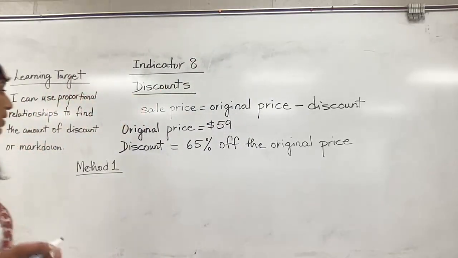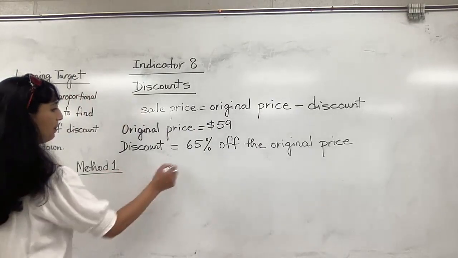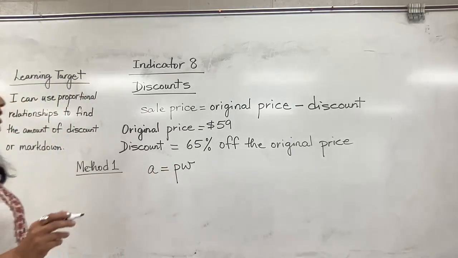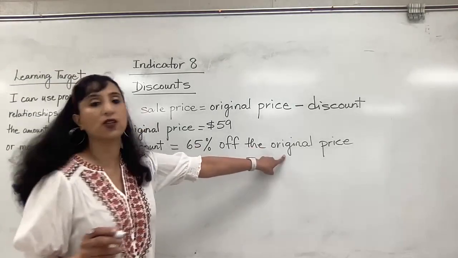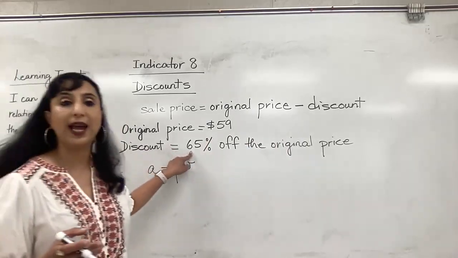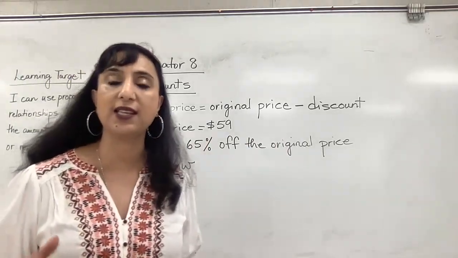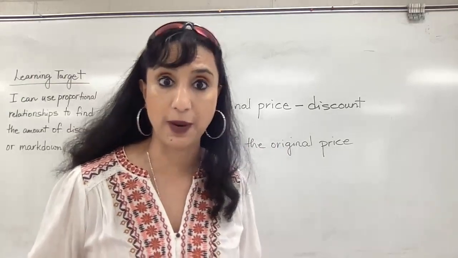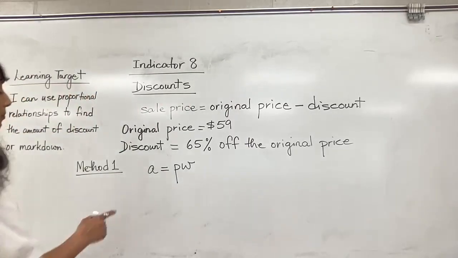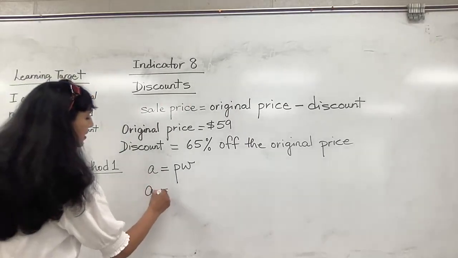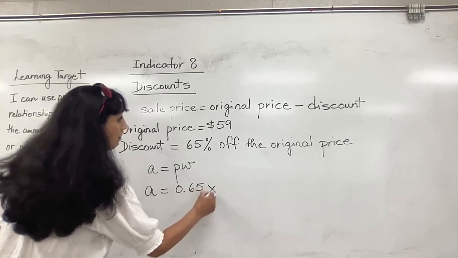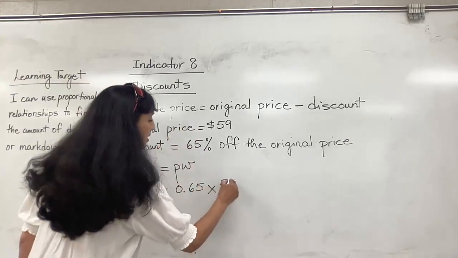I know that it's off the original, so the original is the W. And P, which is 65%, can be written as a decimal, 0.65. So we are trying to calculate that A, the part, which is equal to 0.65 times my original price, which is 59.